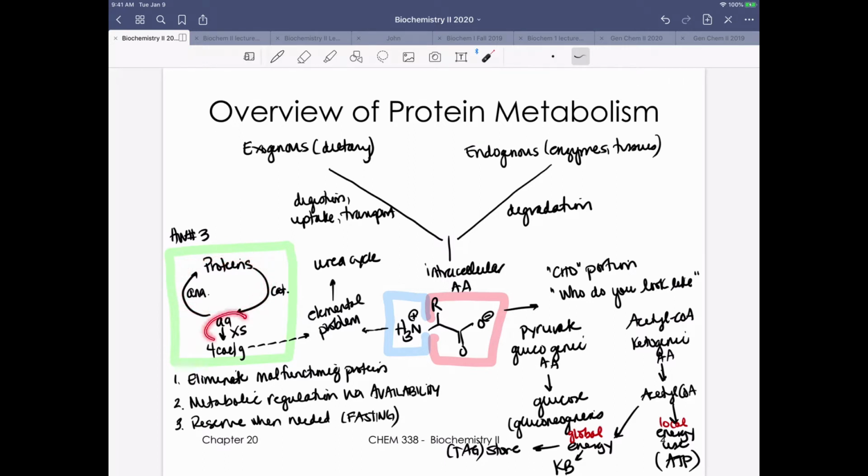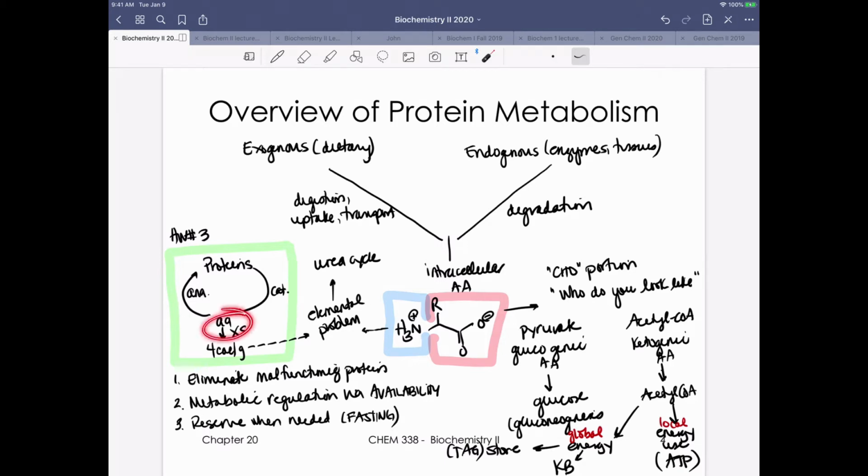We don't necessarily want a lot of amino acids that we need to degrade. Ideally, we'd have a perfect cycle of consuming just what we needed in terms of proteins, or degrading just what we needed of our own endogenous protein sources, and not have too much excess amino acid that we need to worry about getting rid of.